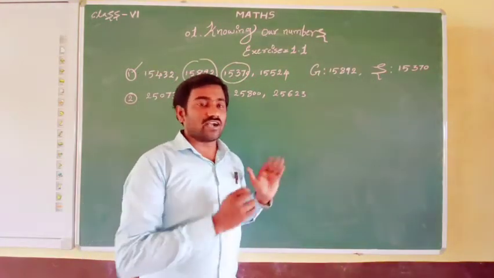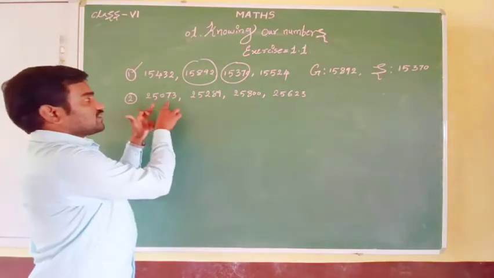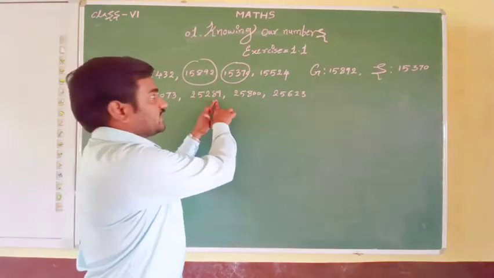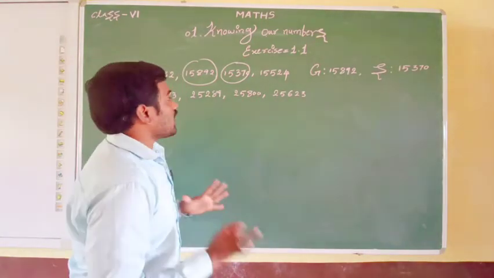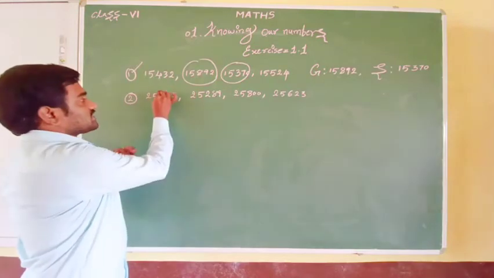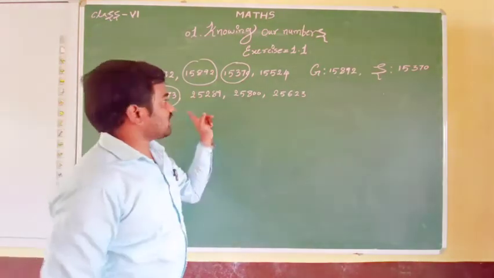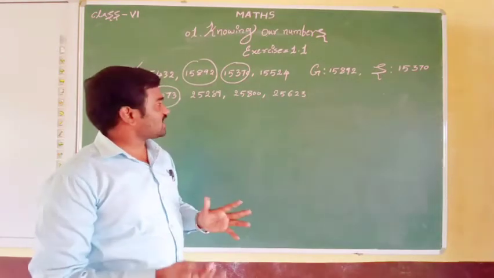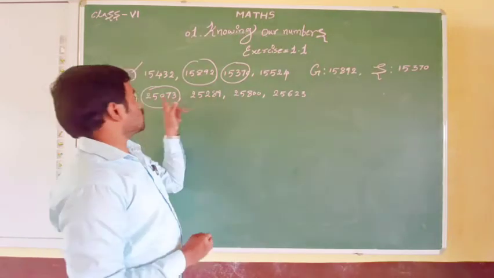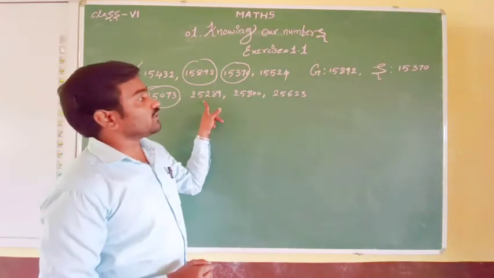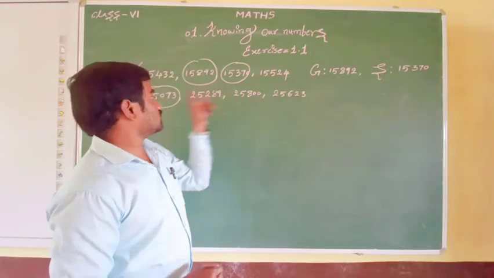Let us learn the second one here. These are all 25,000s: 25,073, 25,289, 25,800, 25,623. So come to this. Now here 25,073 is the smallest number. Is that correct? Yes. Here 25,289 is more than this. 25,623 is also more than this.